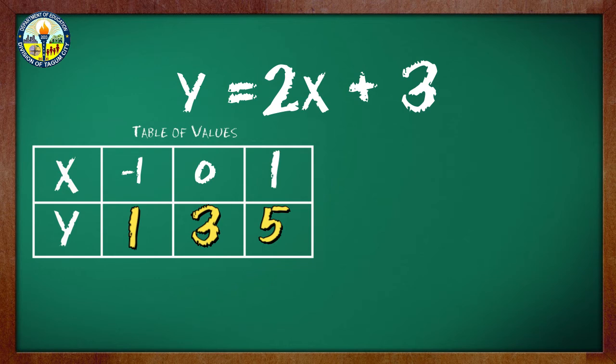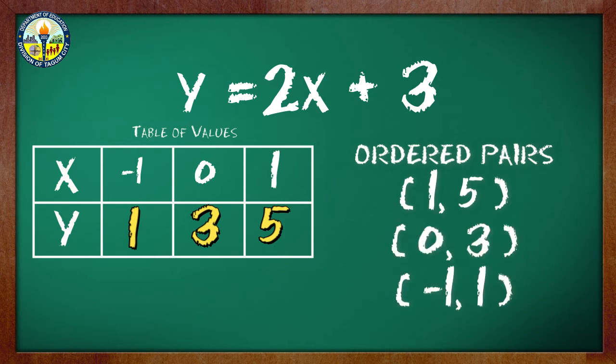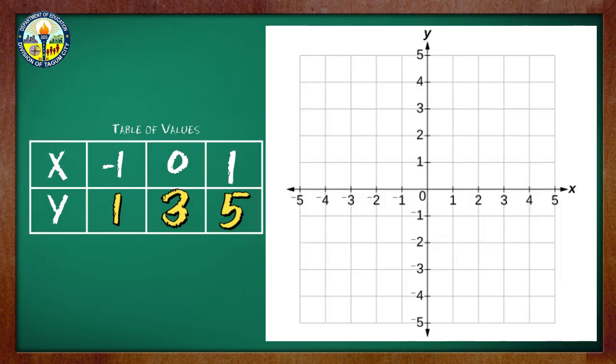Now, we have three ordered pairs (x, y) from the table of values: (1, 5), (0, 3), (-1, 1). Let's plot the points using these ordered pairs on the Cartesian plane.